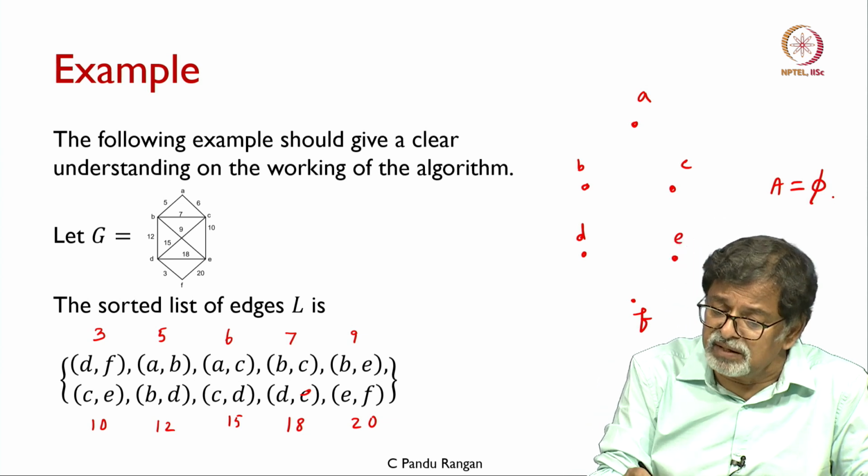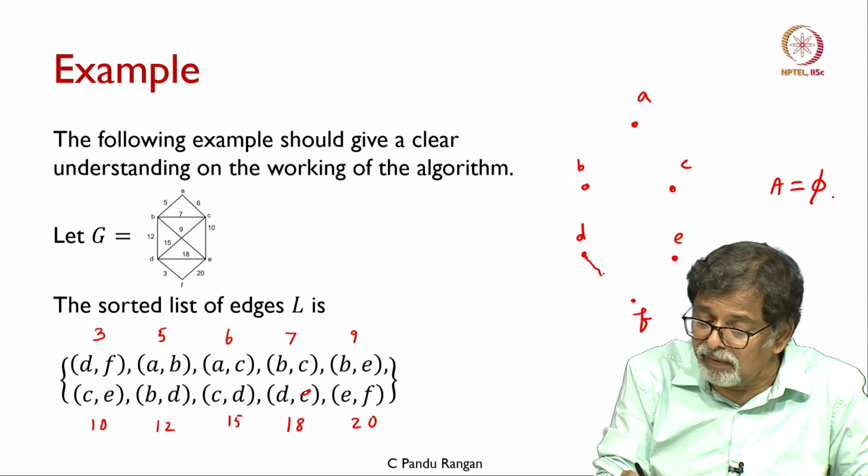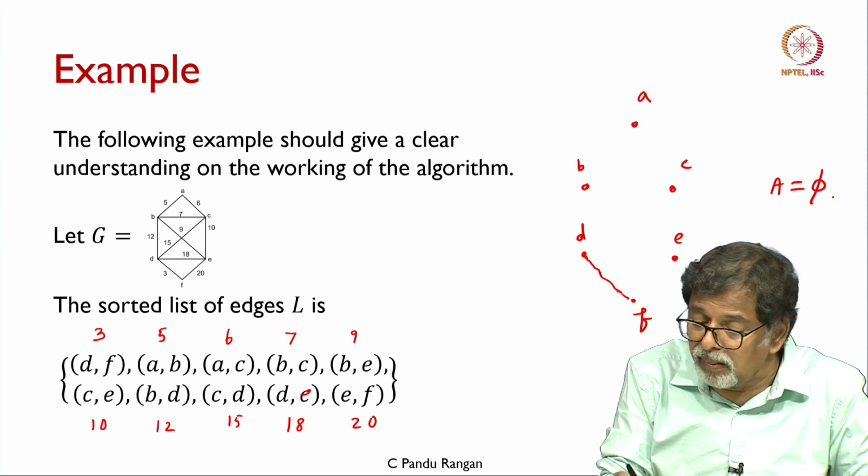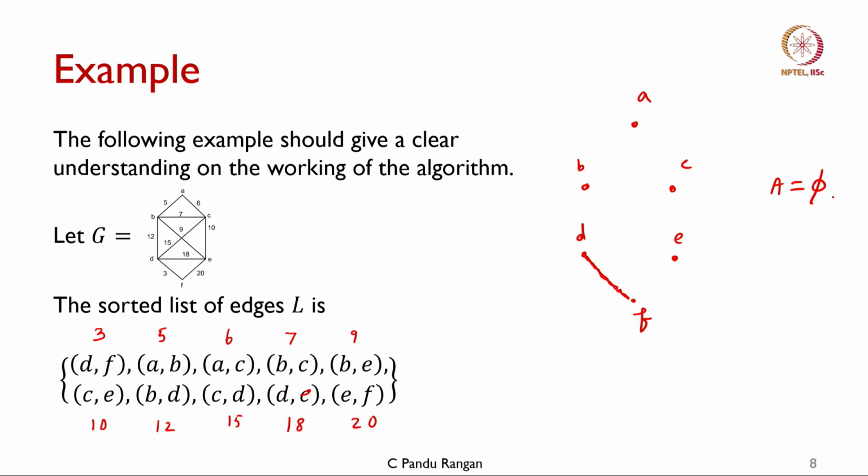So consider the first edge DF. So I draw that DF here. DF is not forming a cycle with the edges in A. In fact, A has no edge at all. Right now A has only DF, alright. The next one is AB. Look where AB is. AB is here. AB is not forming a cycle with DF. Now A has two edges.